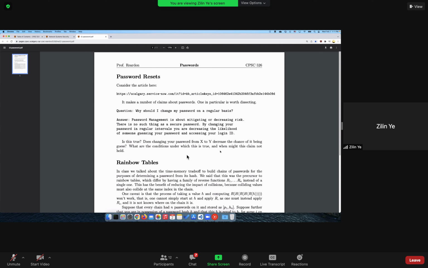So think about this. I have a password that hasn't changed for a year. And there are 2 cases that might affect the security of my password. Either I have reused this password from another website, or the database that is storing this password has been compromised, like the UCalgary password database has been compromised.